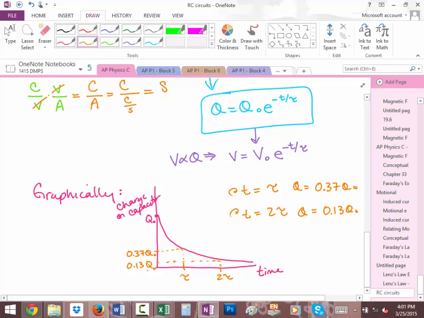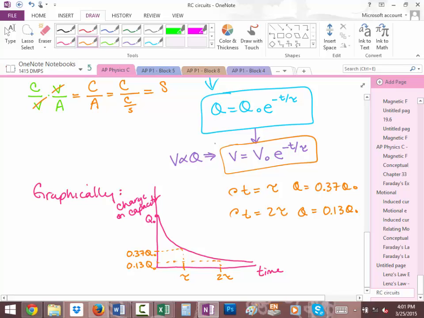Let's see. So we said that we could find Q, we can find voltage, we can also do I. It's all the same game. Same shape, same stuff. I heard that there were some people, must have been AB since it was Marchetti who came to ask me about it, that were getting picky about when you have an asymptote.